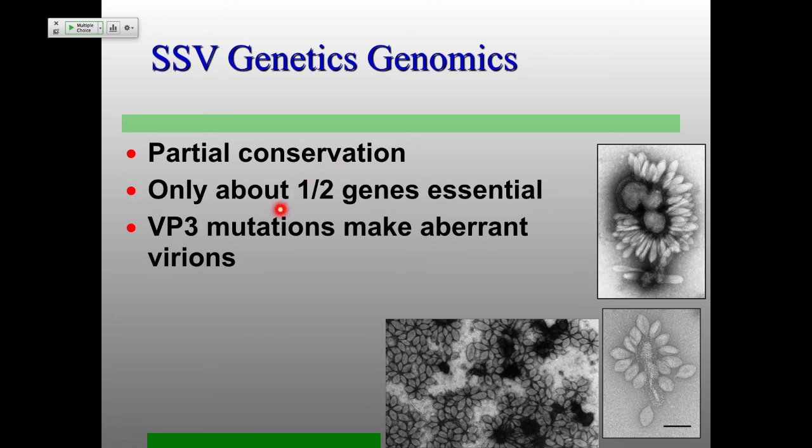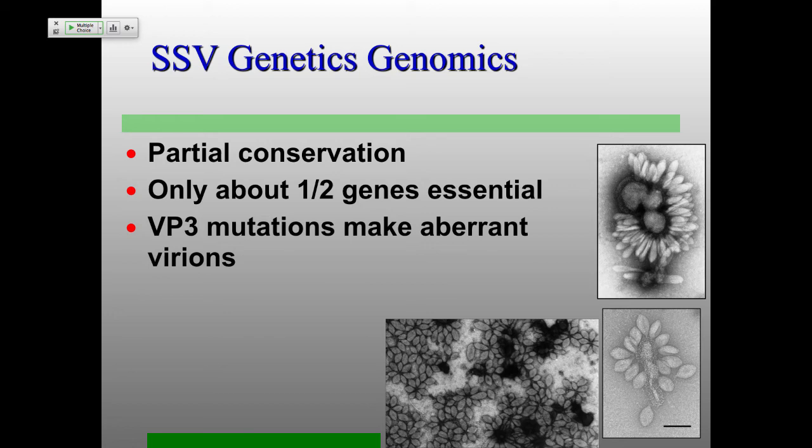Only about half of those genes are present in every single one of these viruses, and about half the genes you can get rid of and the virus is still functional. They're not exactly parallel to each other, for example the viral integrase gene and the VP3 protein gene, but they're pretty similar. This is pretty amazing. That's why we ended up on the cover of the journal Virology. It's really bizarre that you can get rid of half of the genes and the virus is still pretty functional.